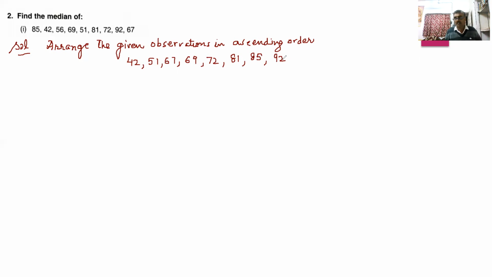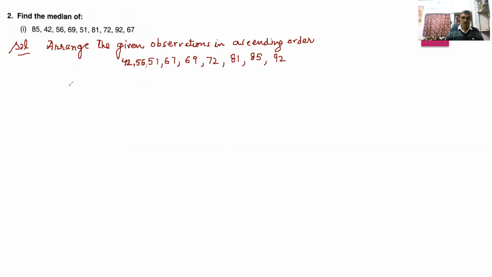Number of terms are 8. Again, count them. 67 is also there, beta. First of all, 42, 51, 56 is also there. Sorry, 56 is also there. By mistake, we have not written 56 here. The number of terms are 9.